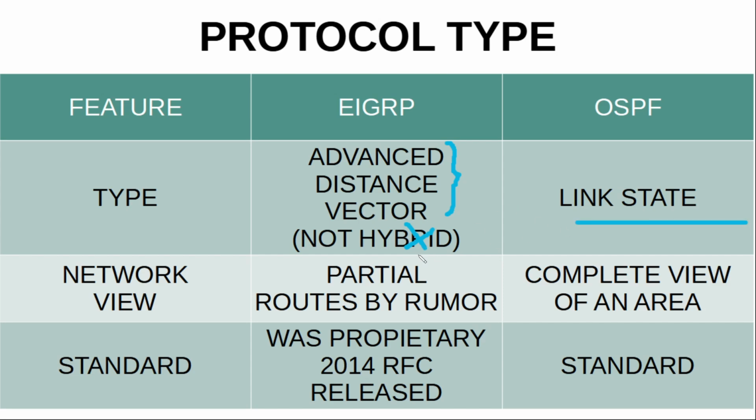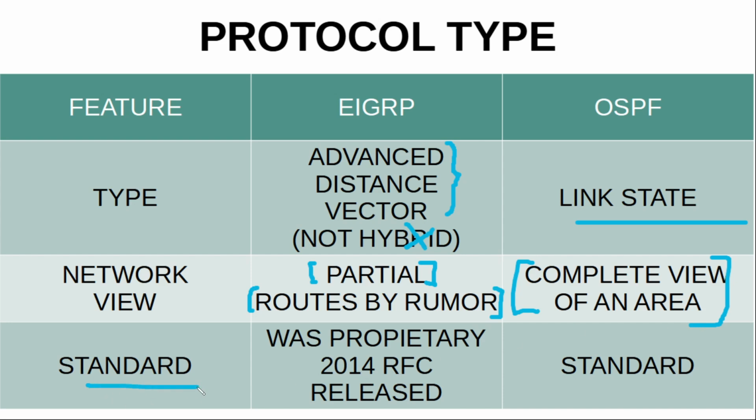Now, regarding routers, EIGRP routers only have a partial view of the network because they route by rumor. That means that the only information each EIGRP router has comes from its neighbors, whereas OSPF routers have a complete view of an area.